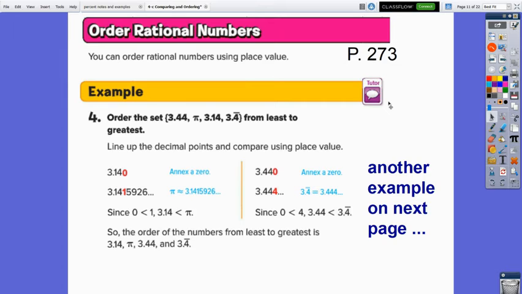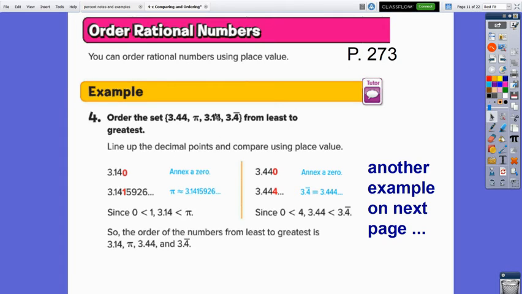That's how you can compare which one is bigger and which one is smaller. So the first thing to do is to rewrite every number as a decimal. And if you have to, you can add zeros on the end to be able to compare all of the numbers.